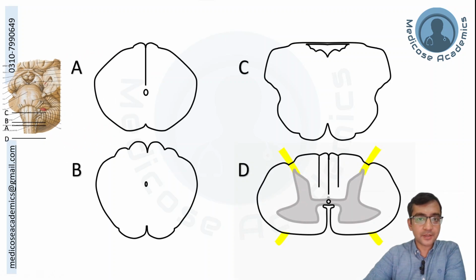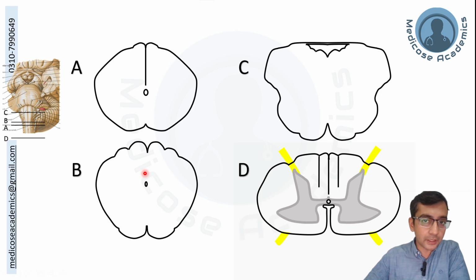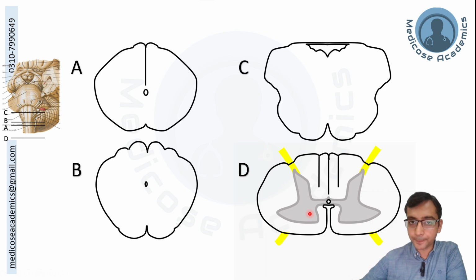So this is the picture for our reference and these are the four pictures. This is the picture at the level of the decussation of pyramids. This will be the picture at the level of sensory decussation, and this will be the picture at the level of the inferior olivary nuclei, and this will be our picture showing the spinal cord.